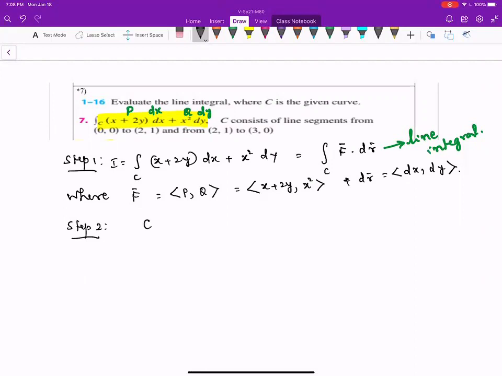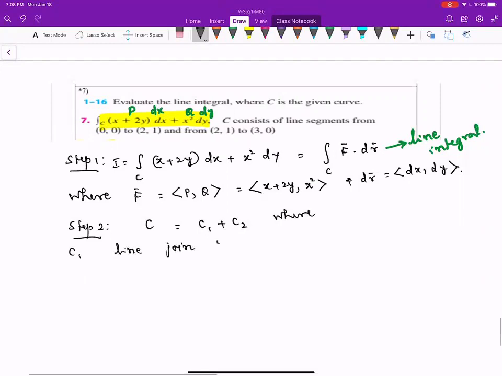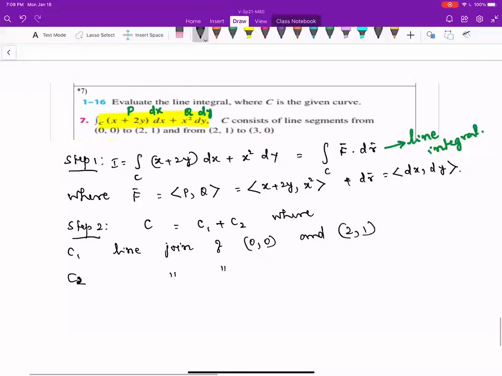The curve C is made up of two line segments C1 and C2, where C1 is the line joining (0, 0) and (2, 1), and C2 is the line joining (2, 1) and (3, 0).